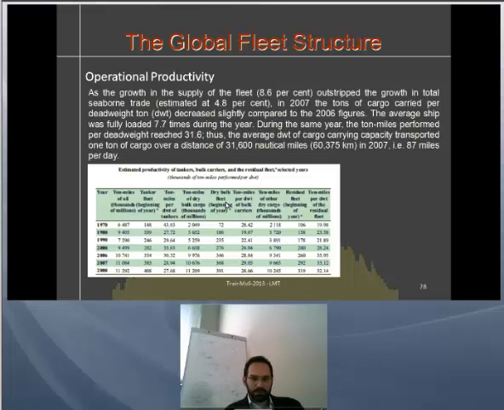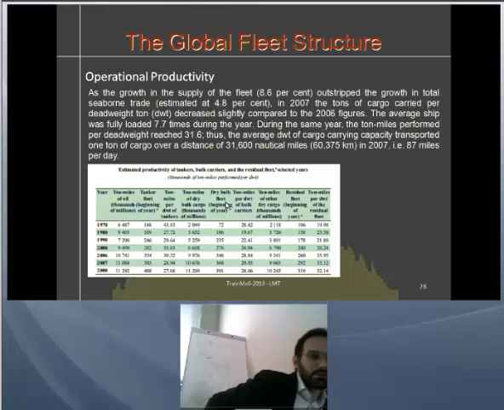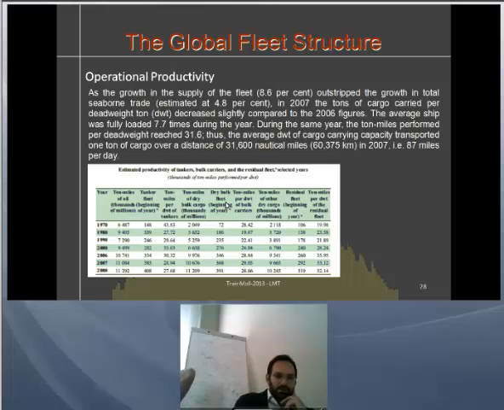So this means that the average carrying capacity transported 1 ton of cargo over a distance of 31,600 nautical miles. In 2007, it was 87 miles per day. Operators put a lot of interest in the operational productivity, and this is what they account for when they are forecasting the next year's operations.